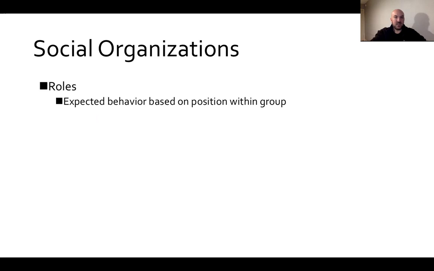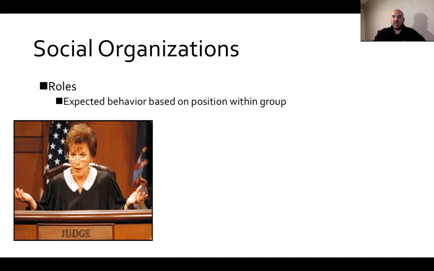Next thing I want to talk about is social organizations, like groups that we belong to. Within these social organizations and groups, you might find that there are social roles that people experience. And you have to be really careful, because having that label of being called a judge, stepping into that role, will change your attitudes and change your behavior.